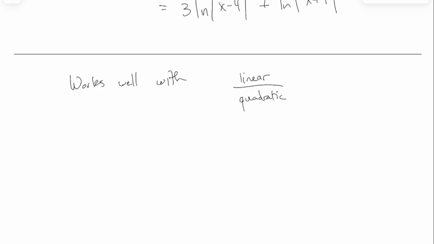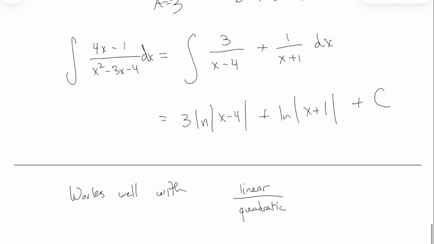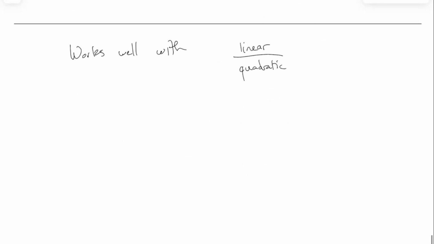If the top was also a quadratic, for example, that's not going to work out nicely, because when you split apart the partial fractions, if the top is a quadratic, then you will expect to have 3 different coefficients on the top, but only 2 in the partial fractions because the bottom is a quadratic and you factor it into 2 pieces. So some weird stuff will happen if the degree on top is more than 1.